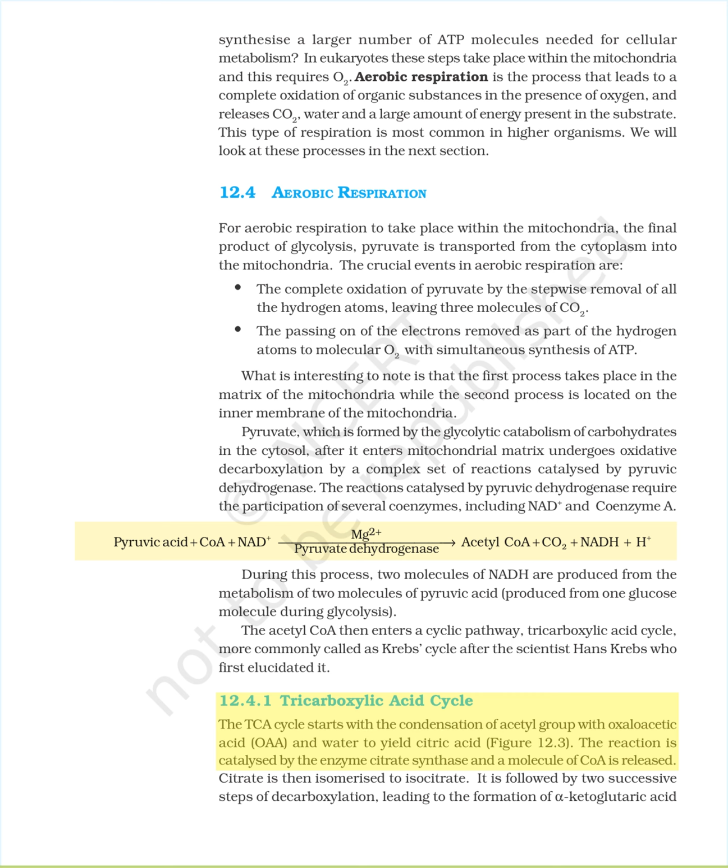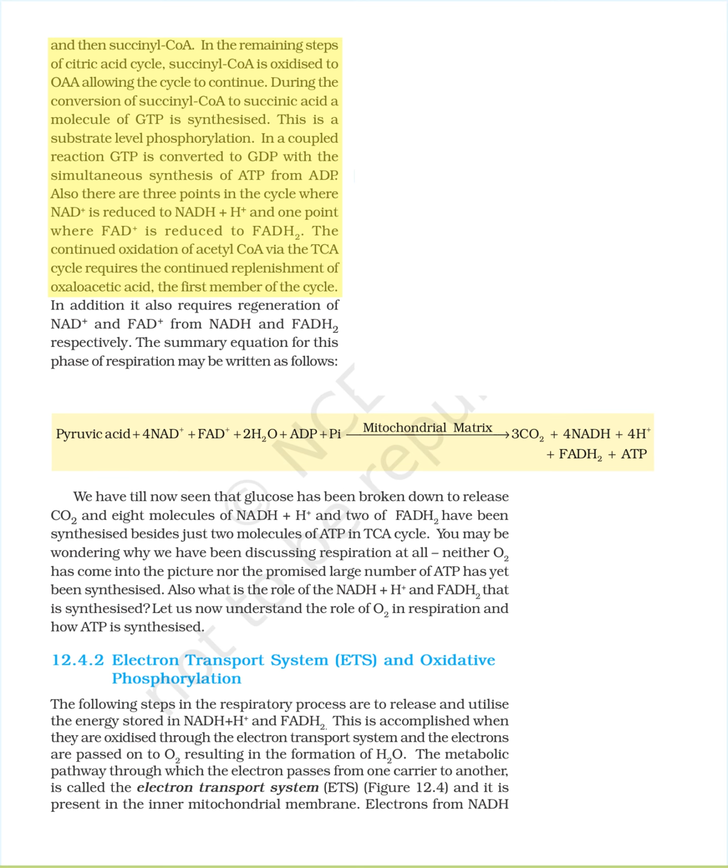12.4.1 Tricarboxylic acid cycle. The TCA cycle starts with the condensation of the acetyl group with oxaloacetic acid, OAA, and water to yield citric acid, Figure 12.3. The reaction is catalyzed by the enzyme citrate synthase and a molecule of CoA is released. Citrate is then isomerized to isocitrate. It is followed by 2 successive steps of decarboxylation, leading to the formation of ketoglutaric acid and then succinyl-CoA.